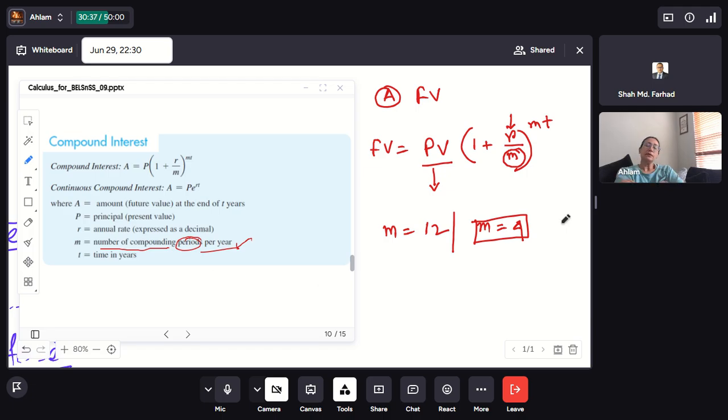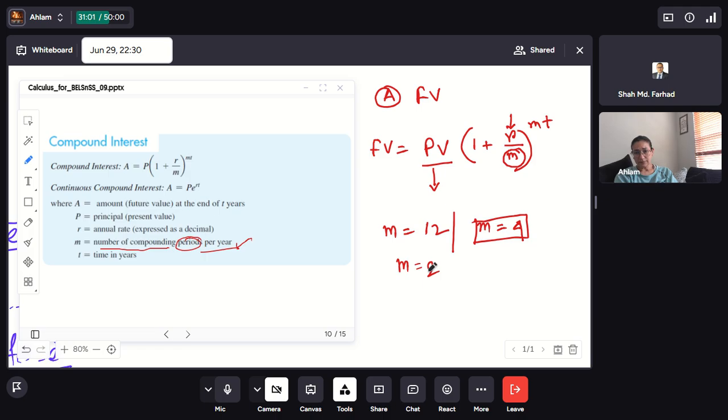If the interest is compounded half yearly, the value of m will be 2.